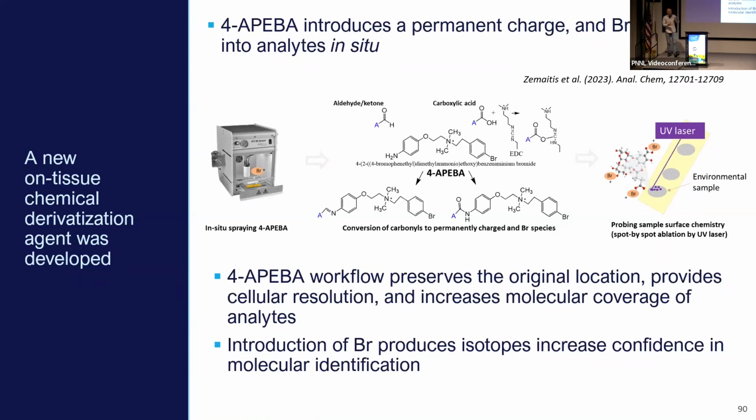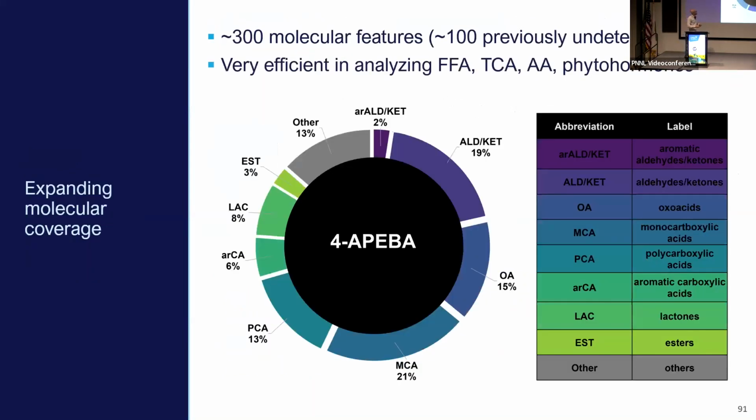And this workflow enables near single-cellular spatial resolution by avoiding what we call delocalization of molecules, diffusing out of their original location, which is particularly difficult to achieve when you analyze metabolites. And then, of course, the great advantage of the workflow, as you will see later, is that we were able to increase the molecular coverage of analytes that we can detect.